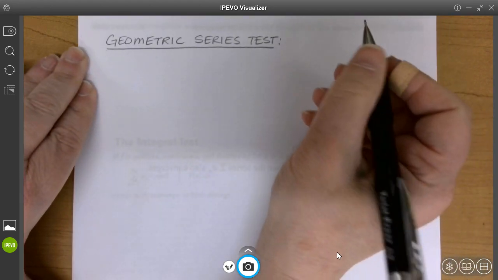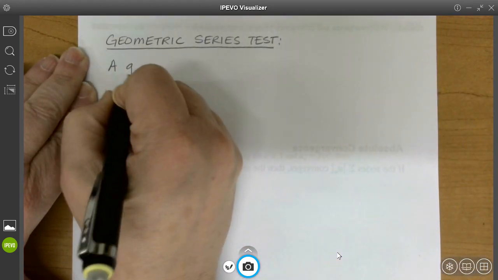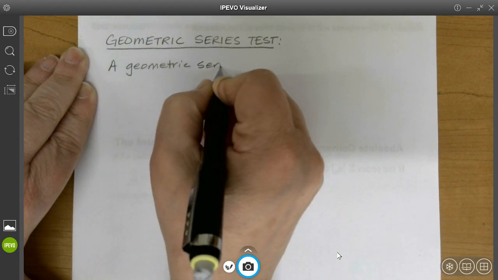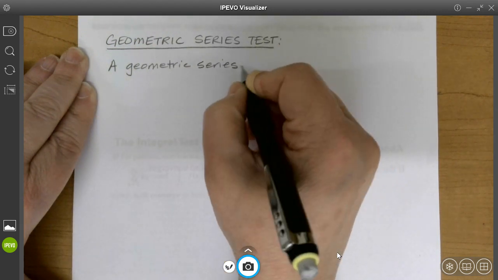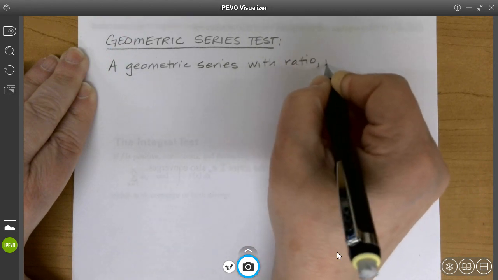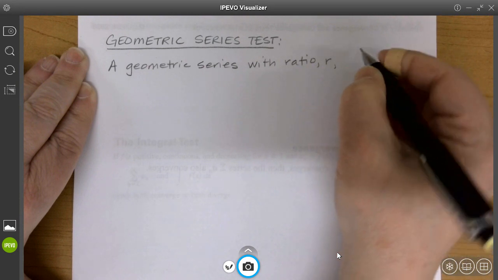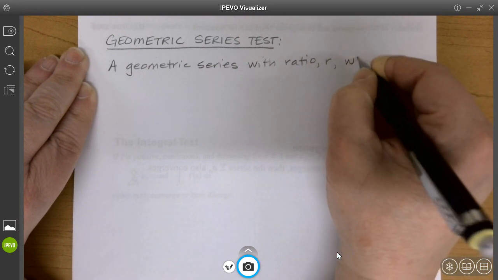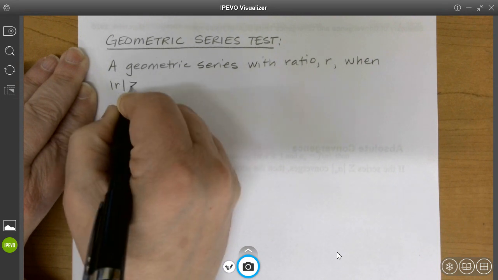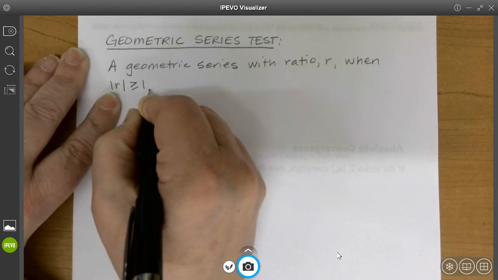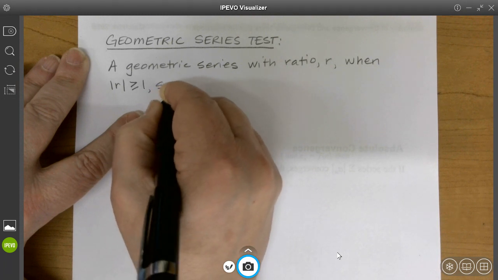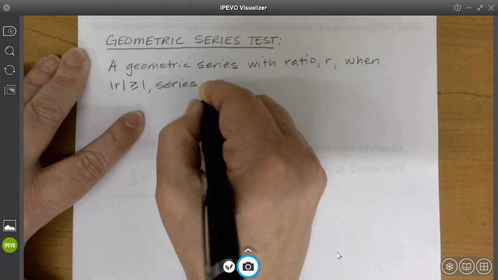The geometric series test states, if you have a geometric series with ratio r, when the absolute value of r is greater than or equal to 1, we know that the series will diverge.